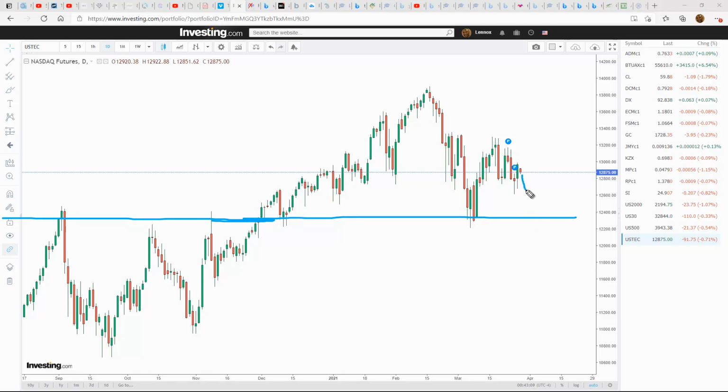So we could see a little bit of weakness in the short term tomorrow in the markets, and then I would expect further moves to the upside. If I'm totally wrong, we're going to break these lows and continue down, but I really don't see that happening at this point with strength in the US 500, the US 30, and the US 2000.